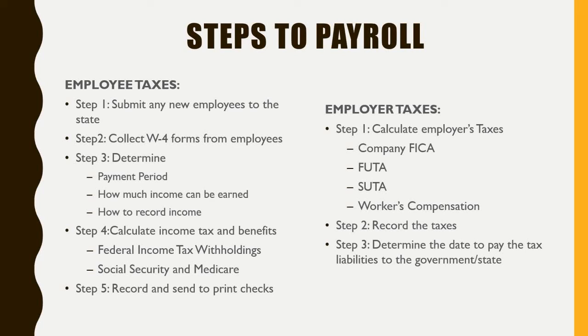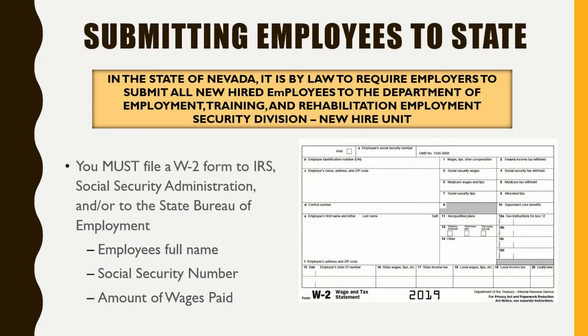We're going to walk through the first side, which is going to be the employee side, okay? But let's talk about how we actually get those employees to be part of our company in the first place, okay? The number one step that you have to initiate first is signing them up to the Department of Employment.